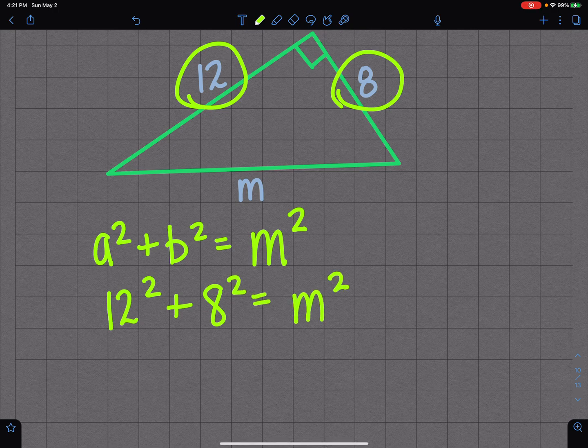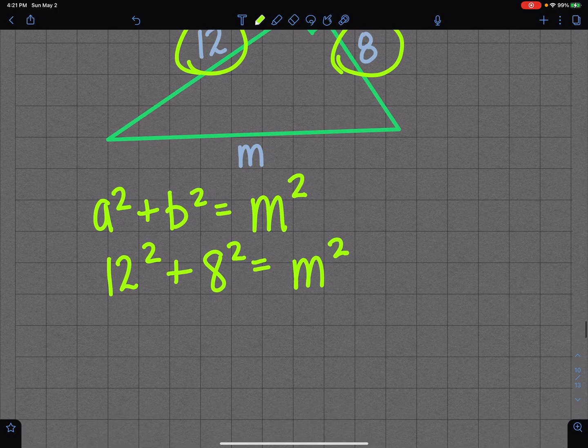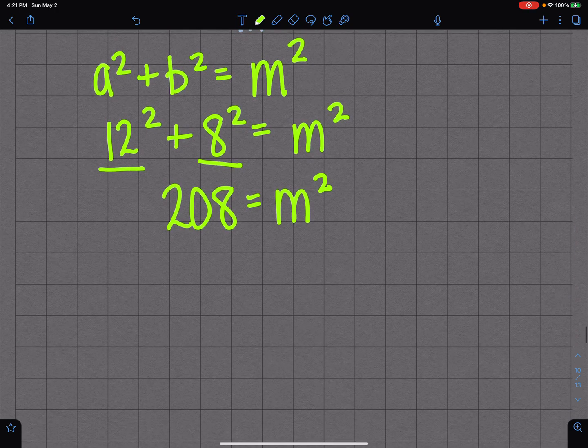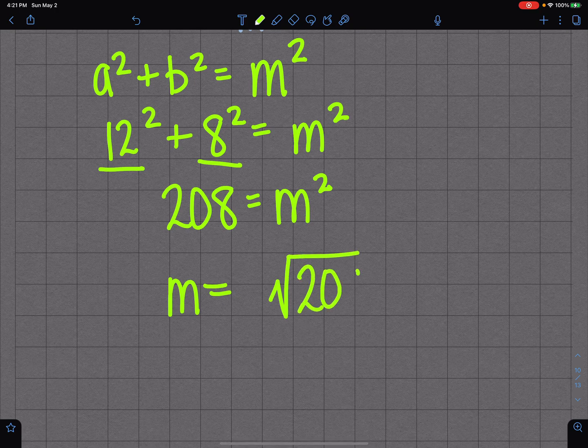Then we simplify that a little bit more. 144 plus 64 is 208, so 208 is M squared. So M is the square root of 208.